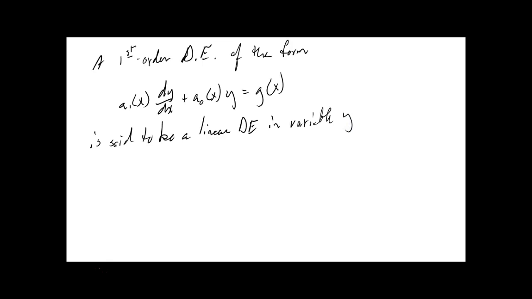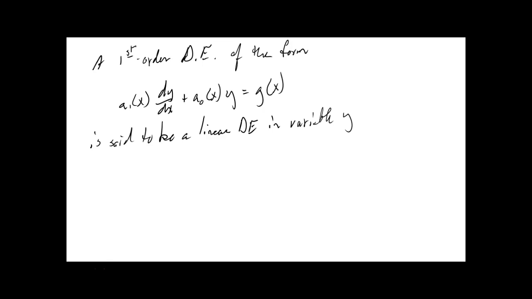Okay. Now, let's go back and remind ourselves what we meant by linear. Anytime you see a y or a y prime or any higher order derivative of y, they must be isolated.